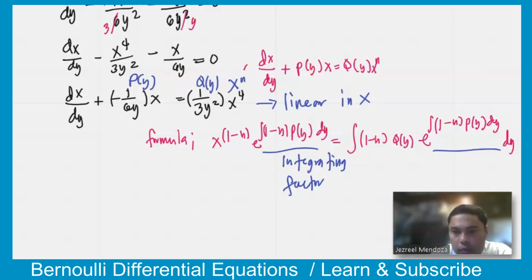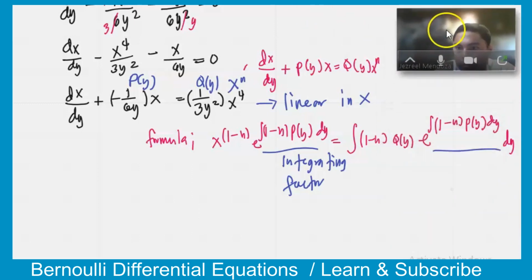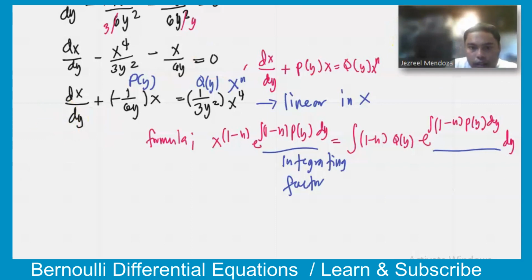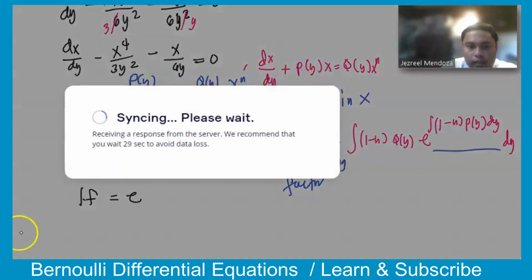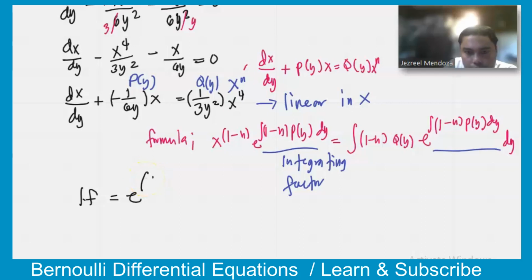First thing to do is solve the integrating factor. The formula is the integrating factor, IF, equals e raised to 1 minus n, integral of p of y dy. So let's solve this one. We have e, then integral of 1 minus n. Our n here is 4.